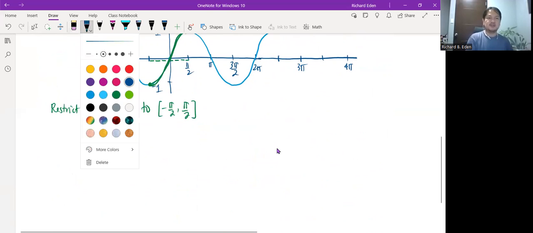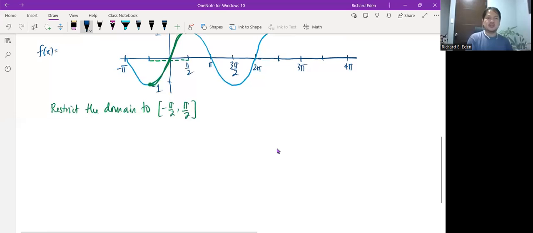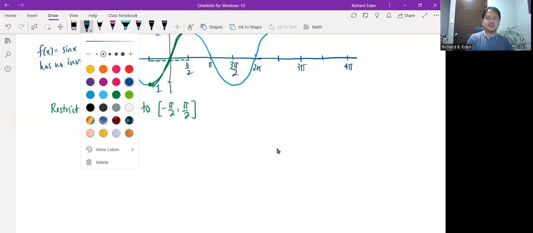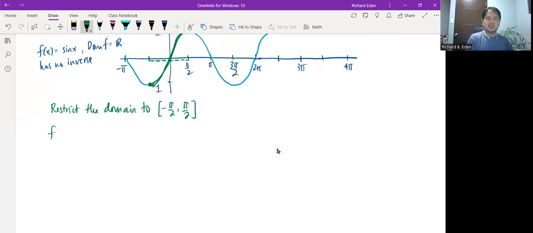So let me write down f of x equal to sine of x, where the domain of f is the set of all real numbers, has no inverse. But what we're going to do is take f of x equal to sine of x and consider the following smaller set as its domain: negative pi over 2 going to pi over 2.